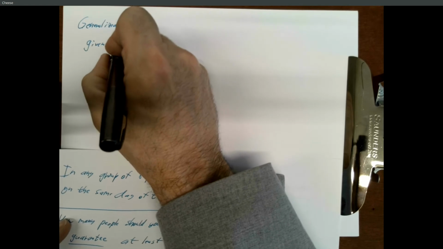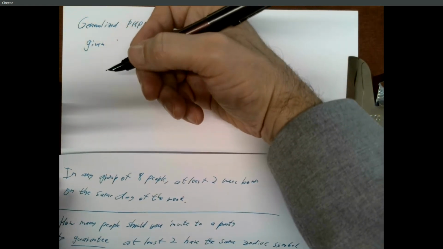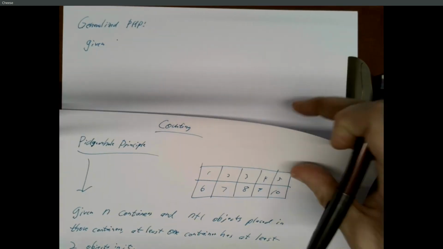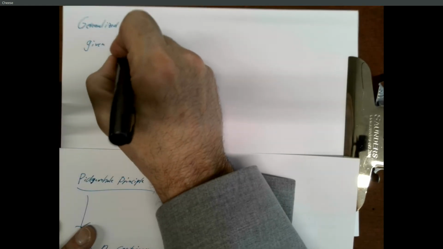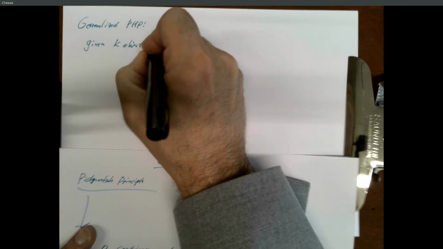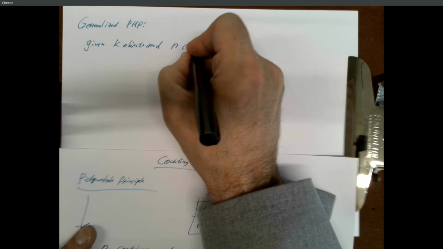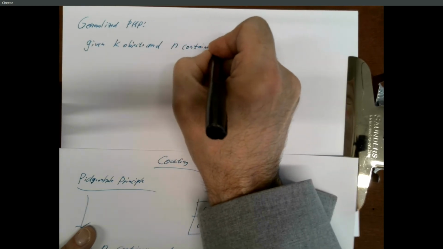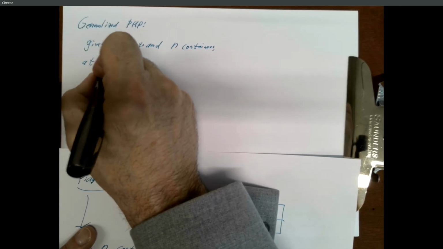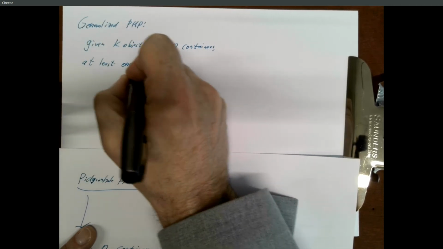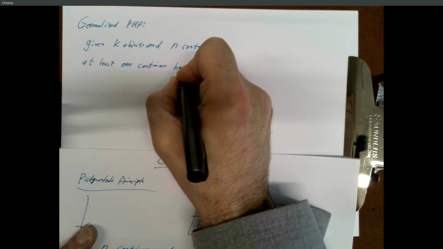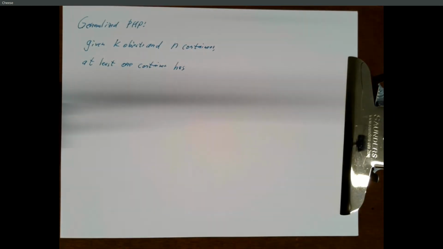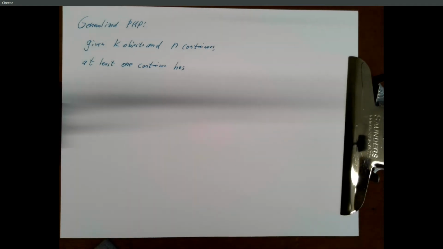So given n, what have I been working with? N objects, n containers. Okay, so let's say given k objects and n containers, and I'm doing this without notes, so let me see if I can recreate this.